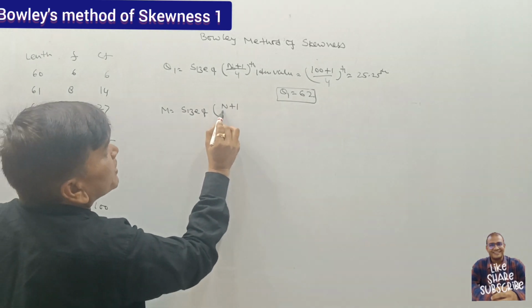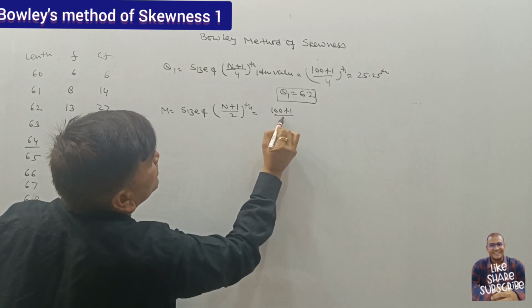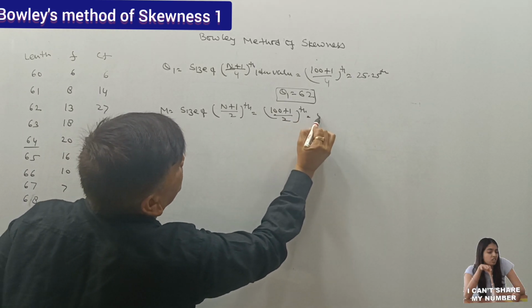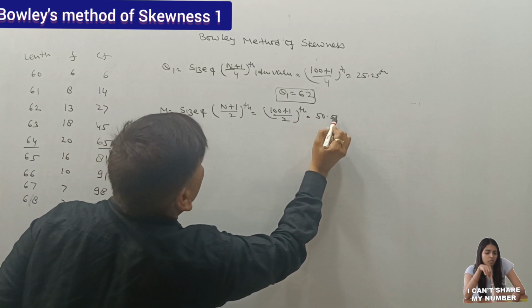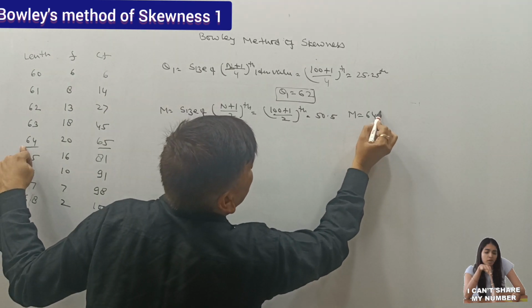M is equal to the size of (n plus 1) by 2th item value, that is 100 plus 1 upon 2, that is the 50.5th item. The value 50.5 is first included in the cumulative frequency 65, so the median value is 64.